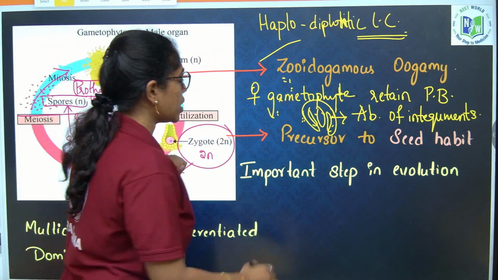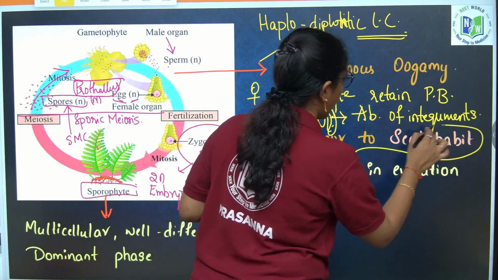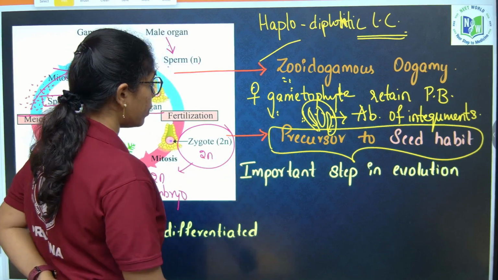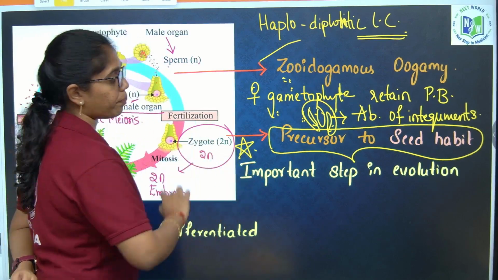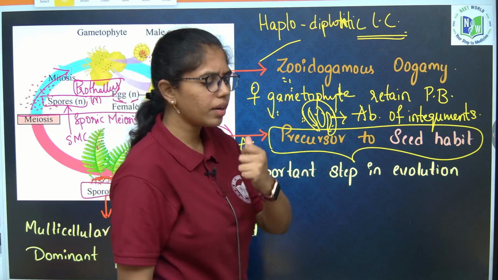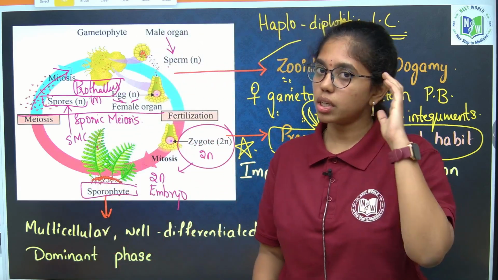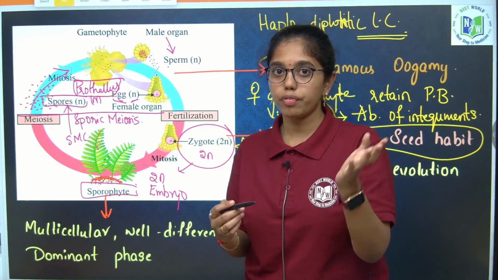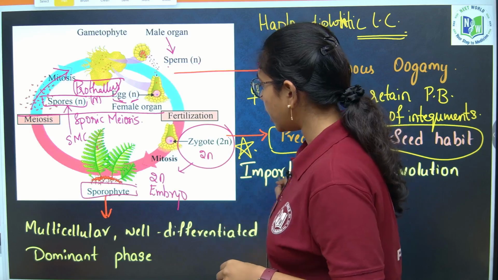This feature is said to be a precursor to seed habit. This feature is said to be what, Nana? Precursor to seed habit. This is an important step in evolution shown by pteridophytes only. So, whenever the term heterosporous comes, pteridophytes should come into your mind. Precursor to seed habit, pteridophytes should come into your mind. Clear now? Yes.